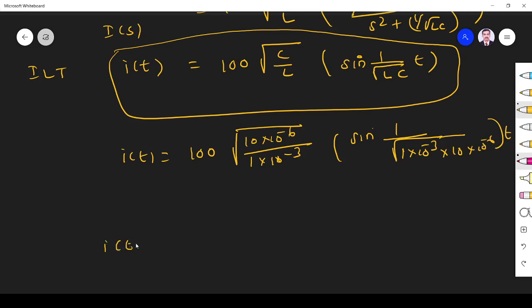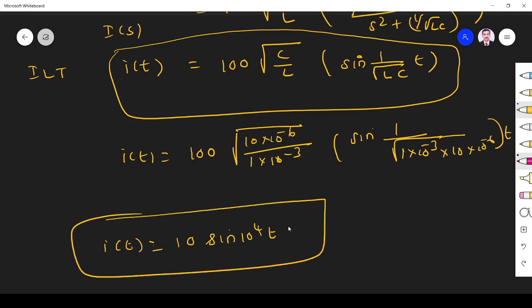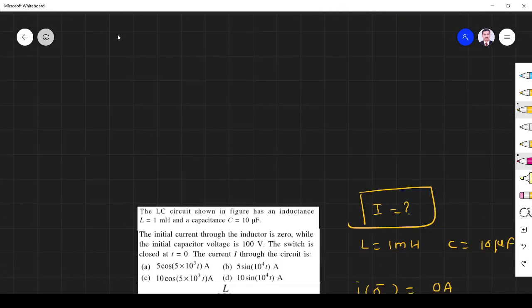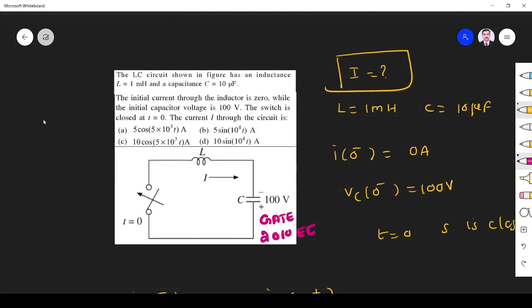So I of t is equal to 10 sine 10 power 4 t ampere. Let us see, is there such an option? Yes. Option D is the right answer. Thank you.